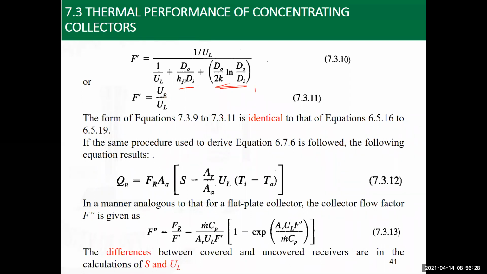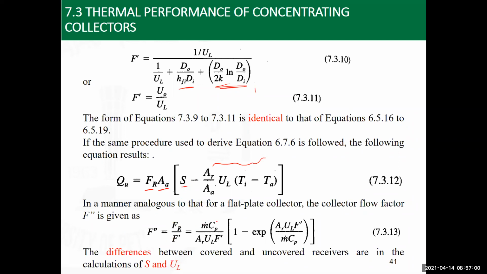Now this is putting the equation in a similar manner to what we have done earlier in the flat plate collector. QU is going to be given in terms of FR, the area of the aperture, and then the absorbed energy minus the losses that we have for the collector. F double dash, which is the collector flow factor, is given as FR, that's been calculated here, over F dash.